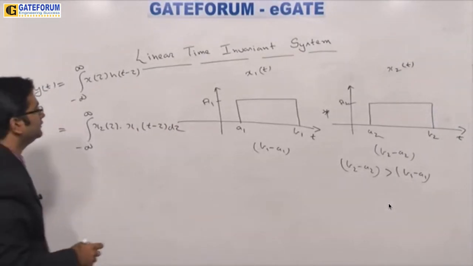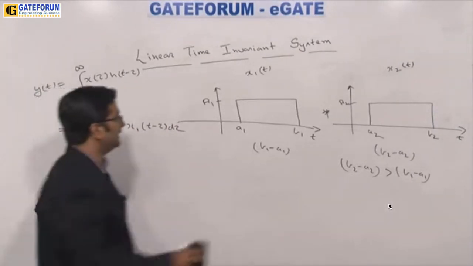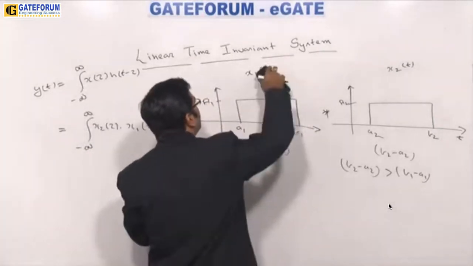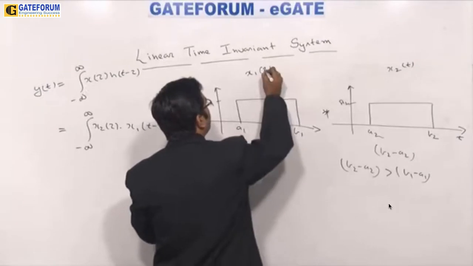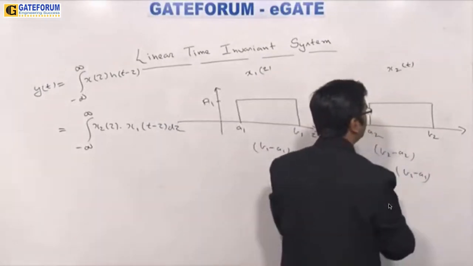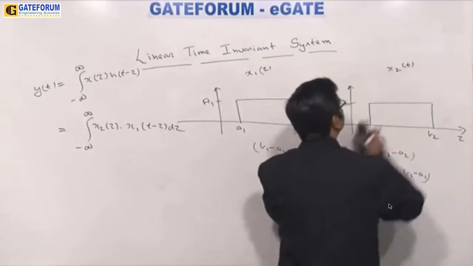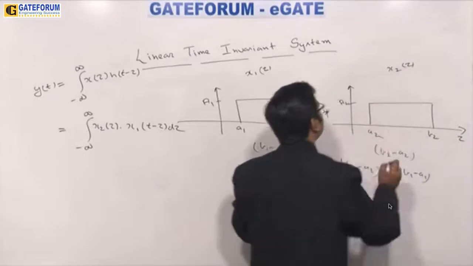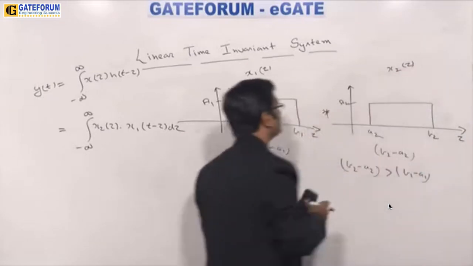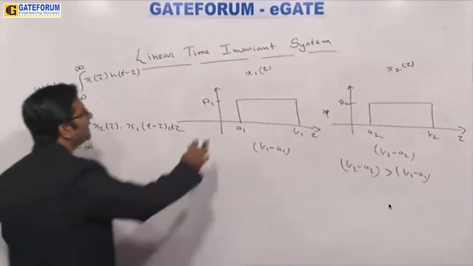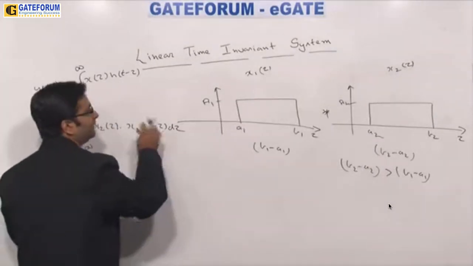Right? So instead of t, I'll make it here tau. Now from x1 of tau, I need x1 of t minus tau.